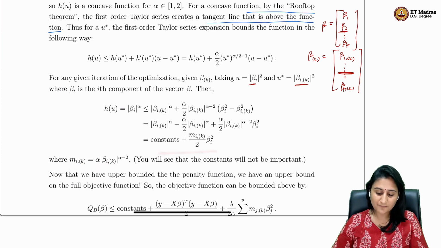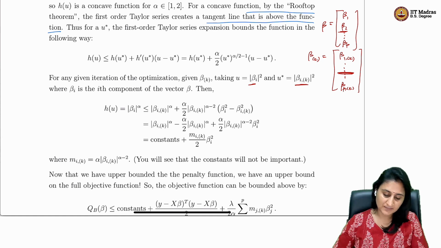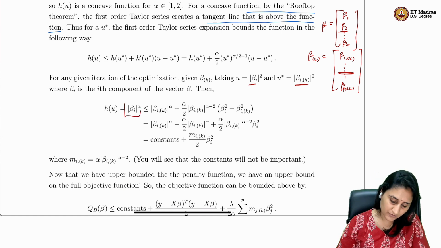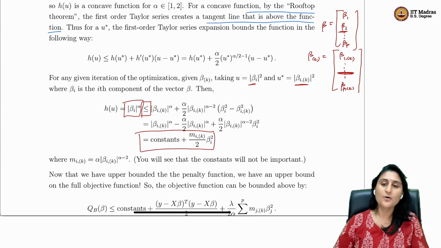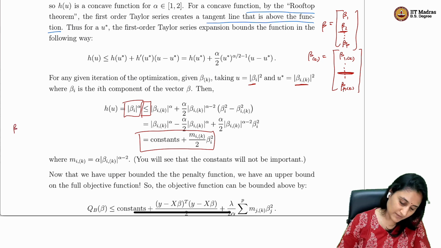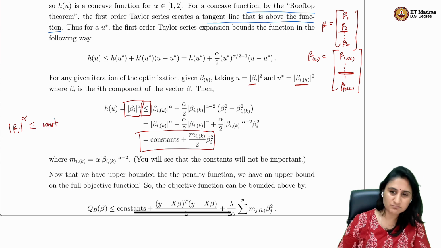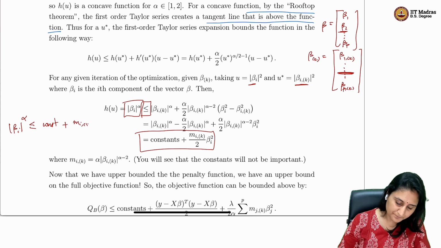Okay. So what I've done now is basically, if you just look at this thing over here, and if you look at this less than or equal to, and you look at this over here, what I have finally is that I've taken beta i to the power alpha and written it less than or equal to some constant that we can worry about or not, plus m i k by 2 beta i squared.